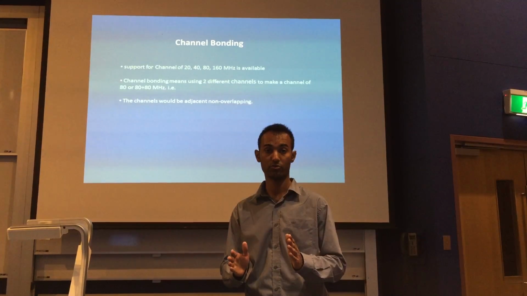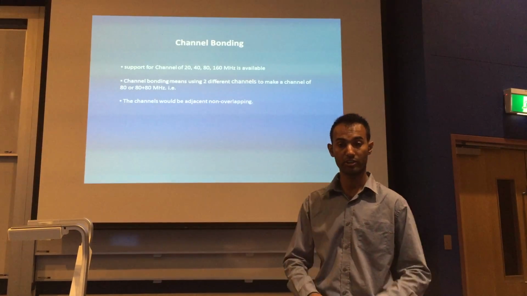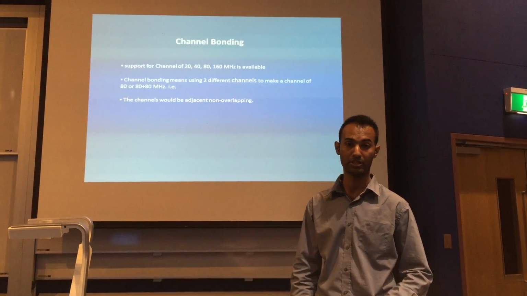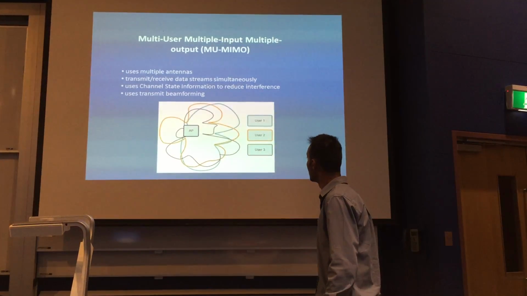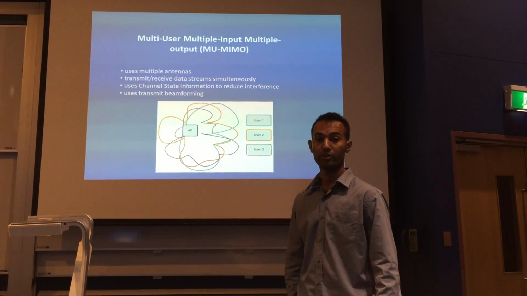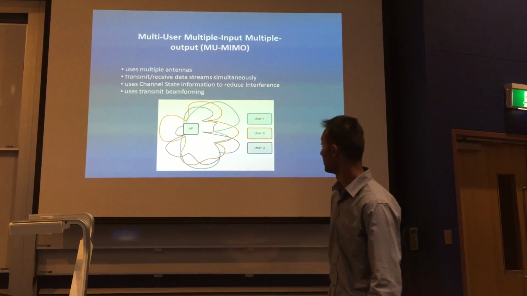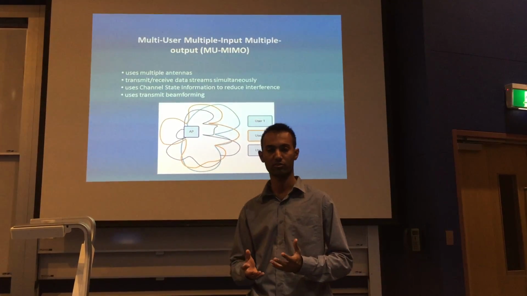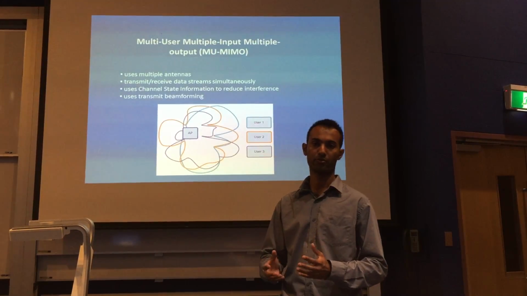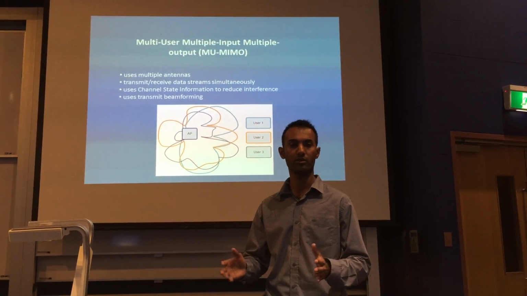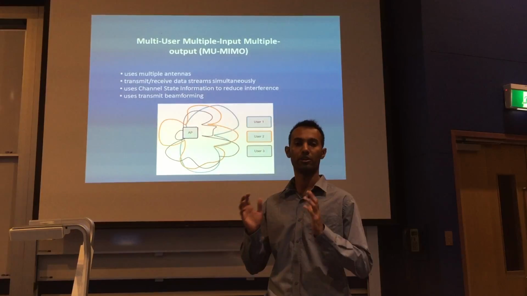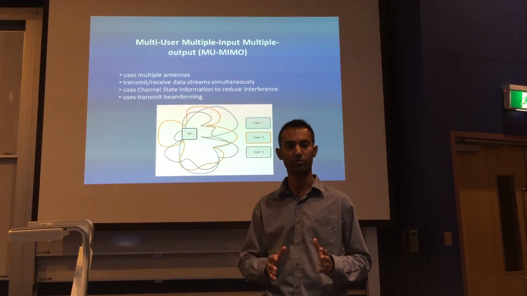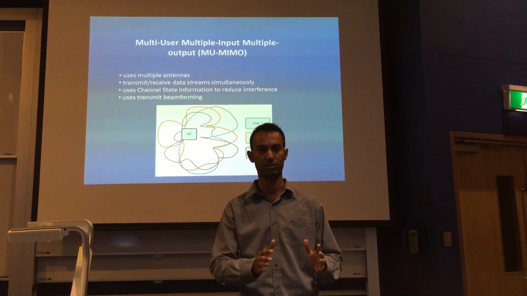Both the signals would be adjacent to each other and wouldn't be overlapping. The other most important technique is multi-user, multiple input, multiple output. What does the name say? Multiple input means there are multiple inputs, multiple output means there are multiple outputs, and multi-user means multiple users can use that system.